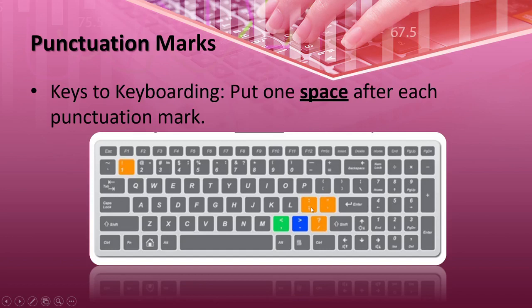Now see here the right hand side of the yellow color. It is the right side of the keyboard, so we use the little finger of the right side, because the yellow color indicates the little finger.